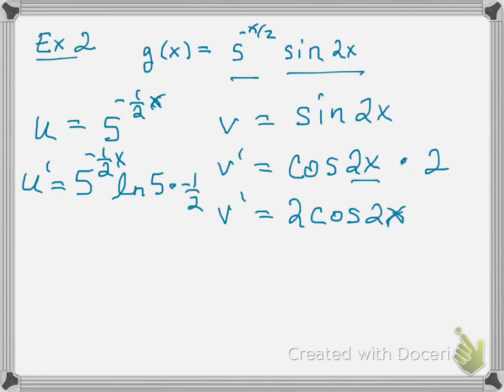All right, so there isn't a super easy way to write that, but we'll try and stretch it out here a little bit and make it look a little nicer. Let's put the negative in the very front, and then the 5 to the negative 1/2 x, and then the ln 5. So that will be my u prime simplified. All right, so let's shrink that up so we have a little bit of room to write our derivative.